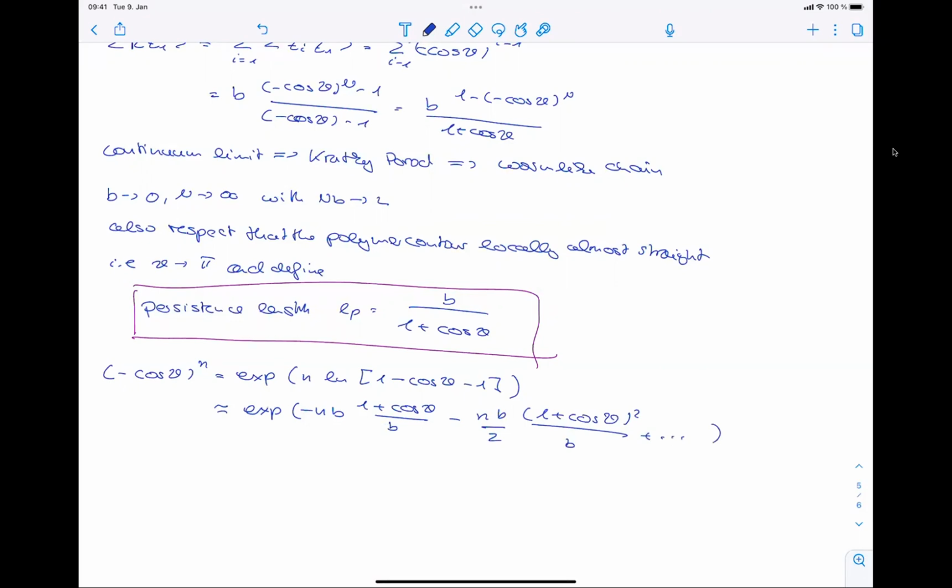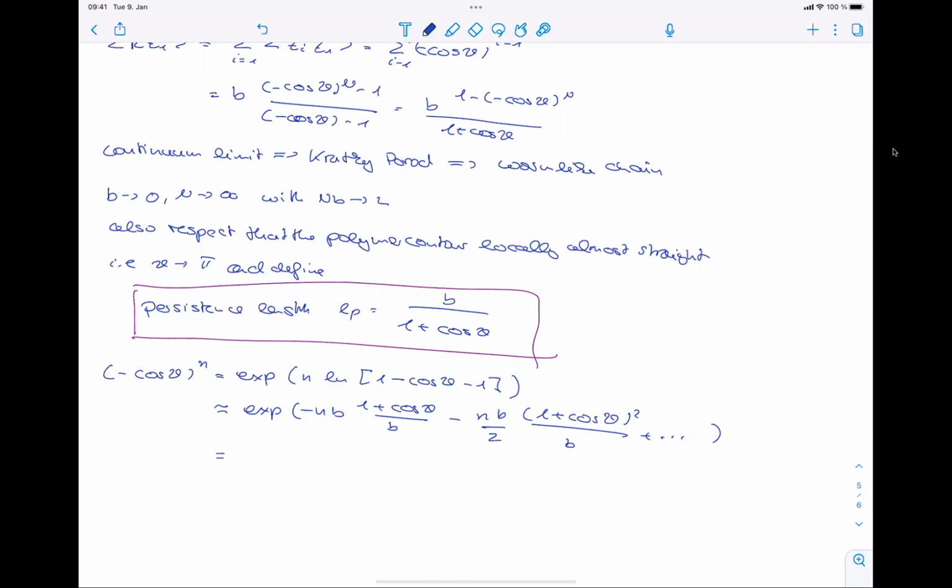And then we neglect the higher order terms, and we can approximate the tangent-tangent correlations to decay exponentially if we identify Lp as the persistence length over which the correlations decay.